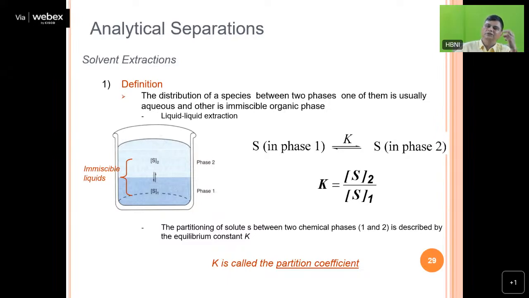Generally we use a solvent where the partition coefficient is very high.